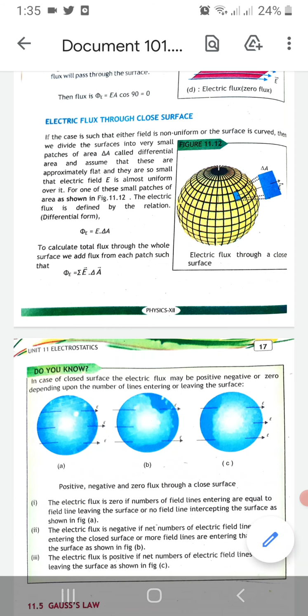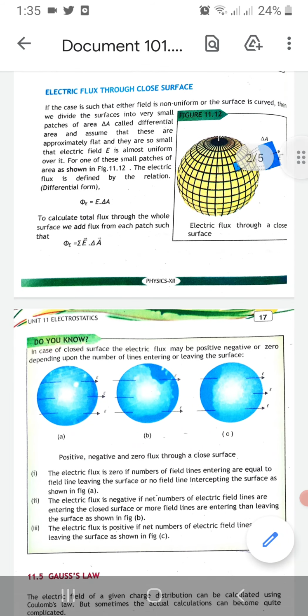Mathematically, we have defined electric flux as a dot product of electric field and vector area, and we have already discussed why in this case we consider a vector area.